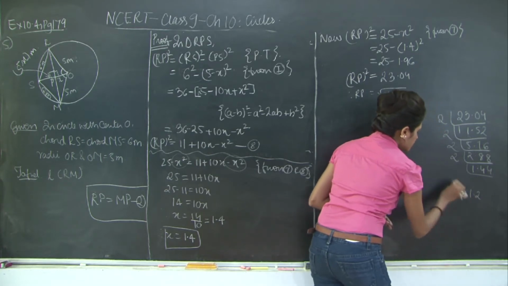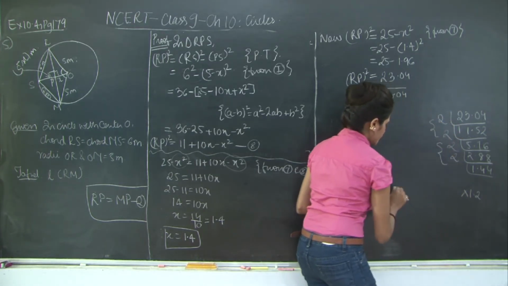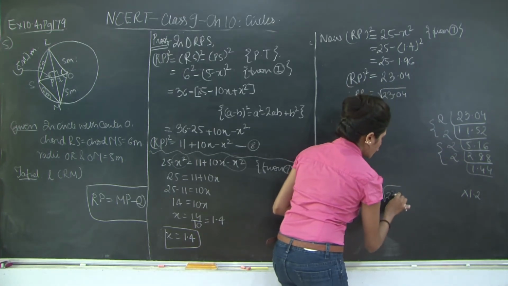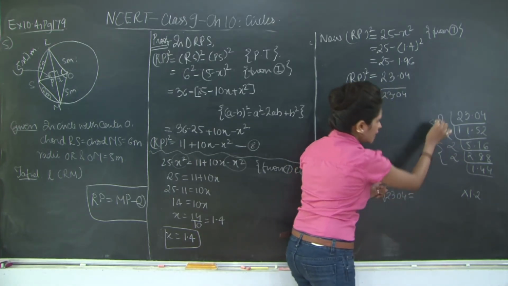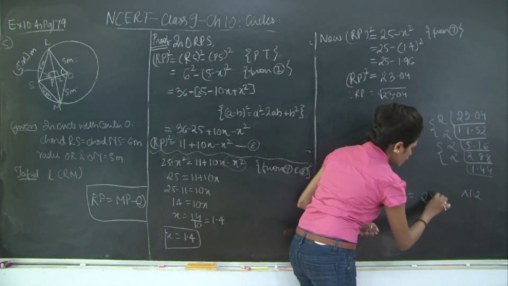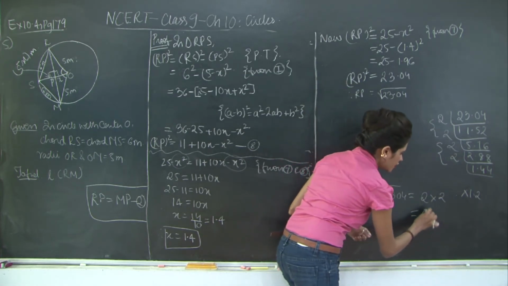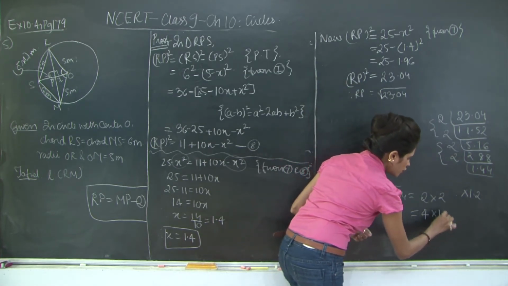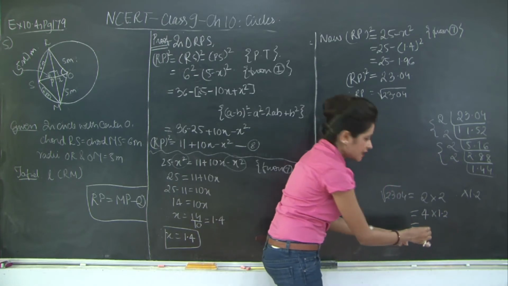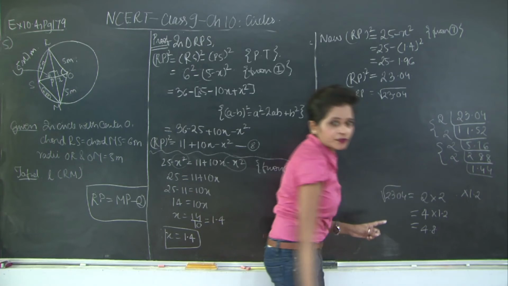Therefore, our LCM here, the square root will be what? Square root of 23.04 will be one of this pair and one of this pair. So, it's going to be 2 into 2 into 1.2. So, this is going to be 4 into 1.2. We know that 4 12s are 48, but we have one decimal sign here, therefore, it will be 4.8, right.